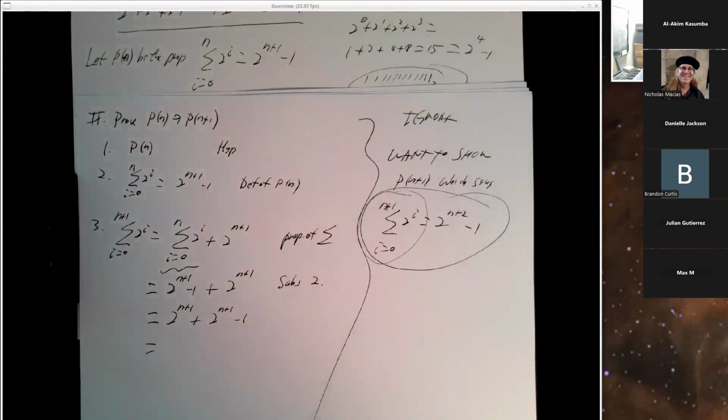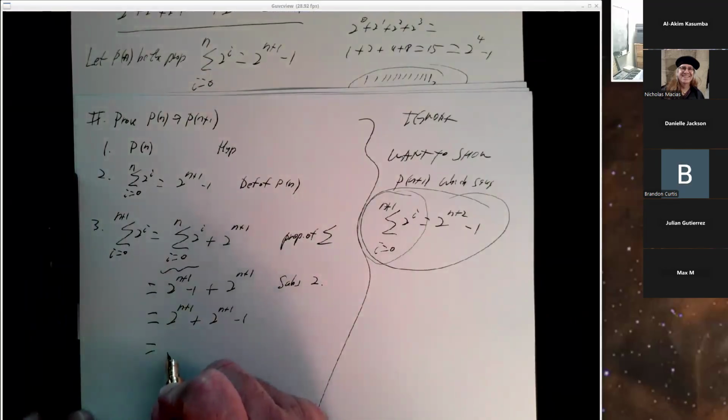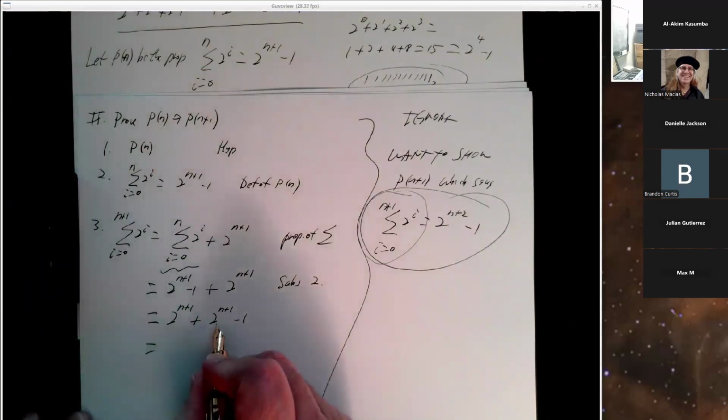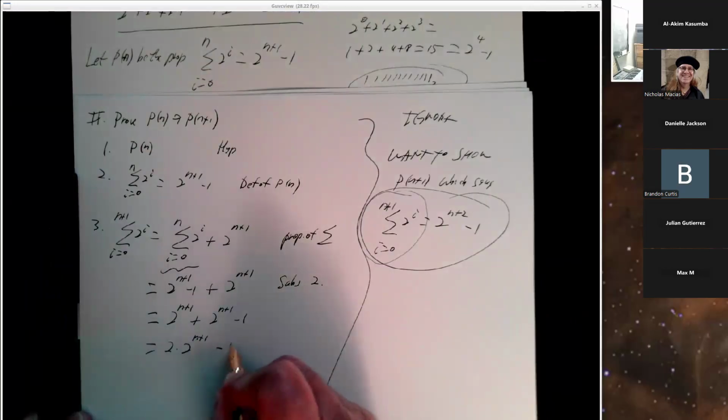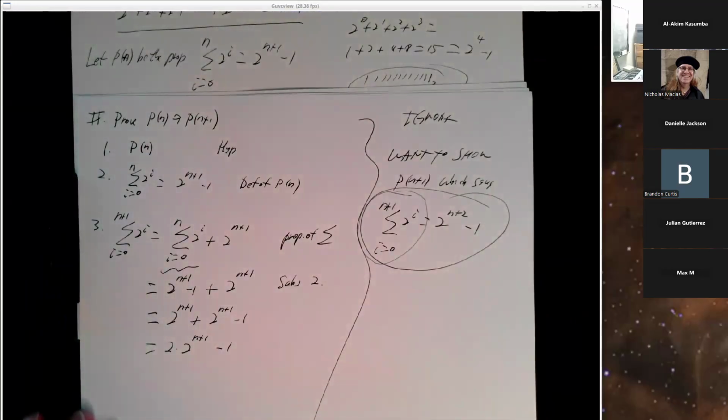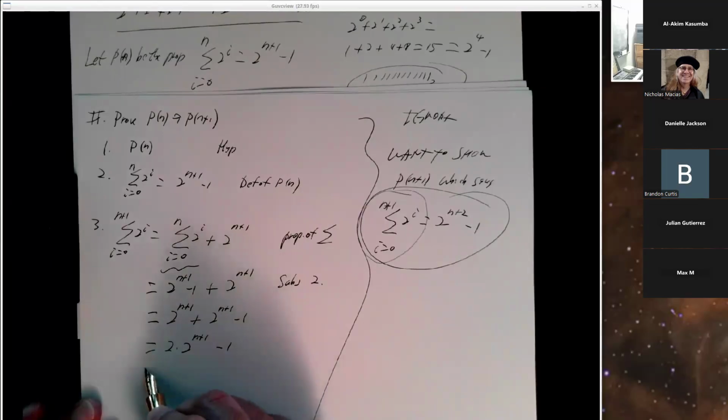It's going to be 2 into 2 to the power n minus 1. Yeah, so 2 to the n plus 1 plus 2 to the n plus 1, that's 2 times 2 to the n plus 1 minus 1. A plus A is equal to 2A. So this is twice 2 to the n plus 1 minus 1.